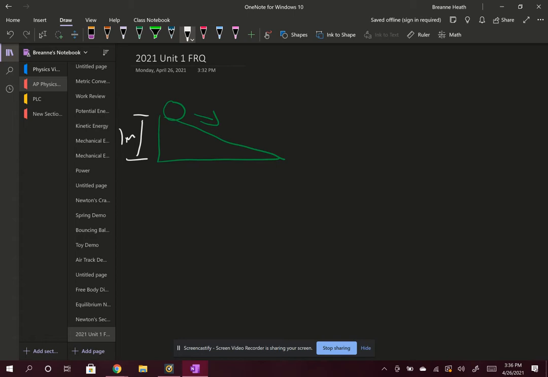So part A says assume the object moves with a constant acceleration as it rolls down the incline. Write an equation that includes acceleration in quantities that can be measured or obtained from the measurements by using the available equipment. So let's think about that. We have a stopwatch and a clock, they both measure time.